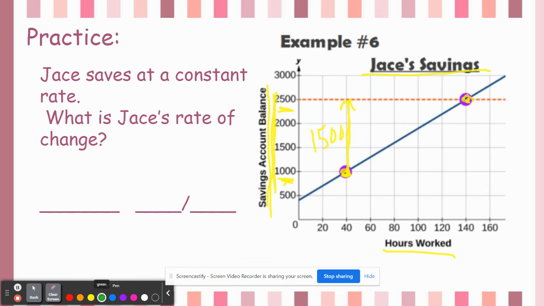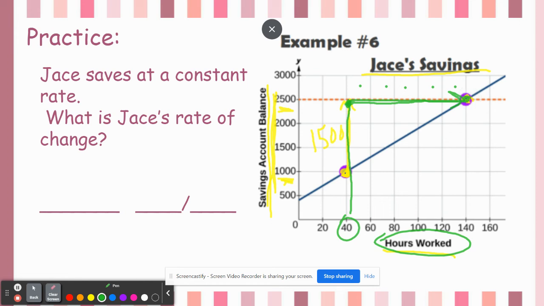Okay. And then I'm going to go from here and travel to the right. So if it's right, that's positive. Even though you might count 1, 2, 3, 4, 5 boxes, this is not 5, because we say hours worked. Well, how many hours did we get here? How many hours was that? 40. So we went from 40 all the way here.